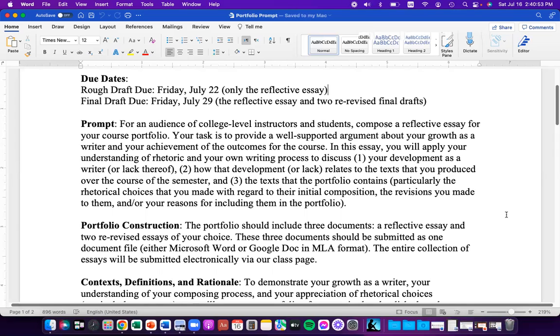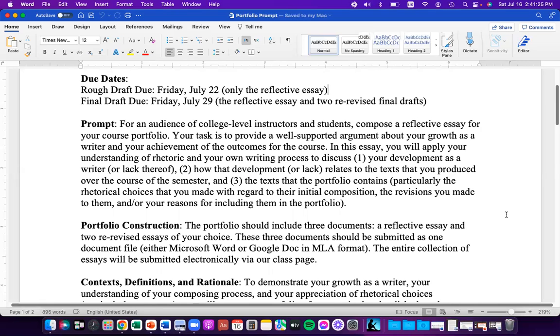So in other words, if you say, I really developed my skill for gathering evidence and using scholarly sources, that would be a great example. You could then look at your essays and say, see, here's where I have incorporated some credible outside research that I've maybe struggled with in the past.